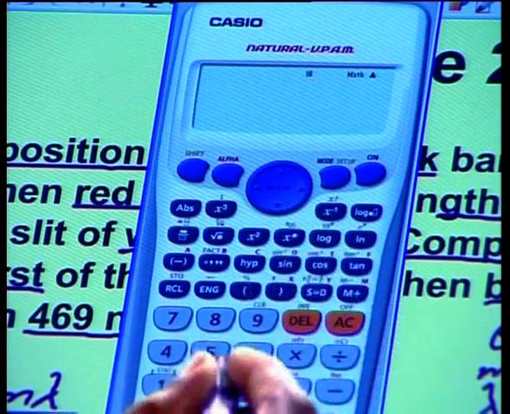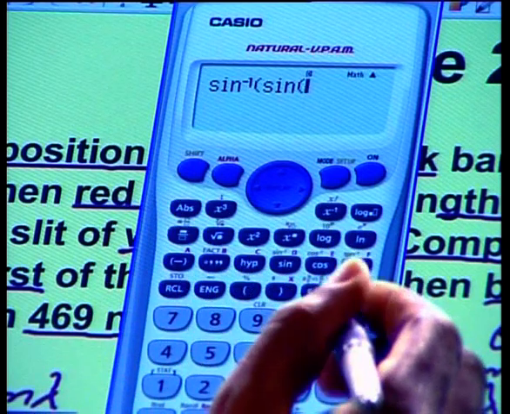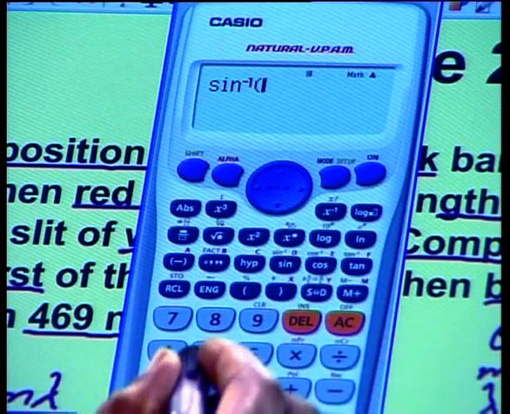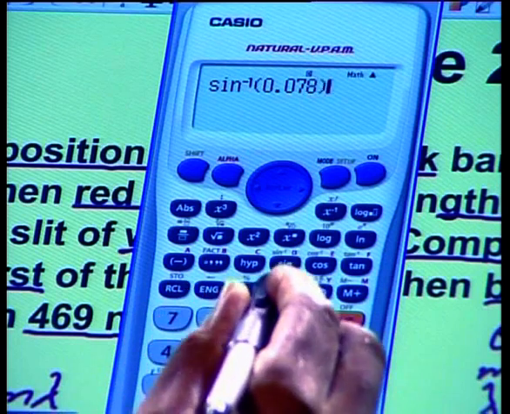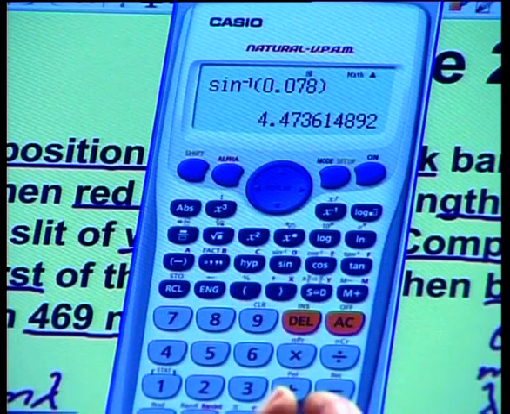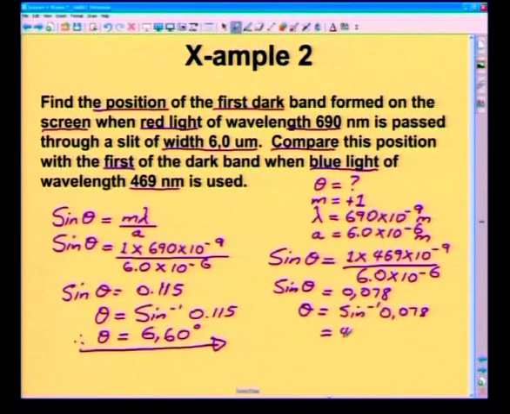So we'll just say shift, the second function, sine inverse of 0.078. And we find what the answer is. It says the angle is going to be 4.47. So theta will be 4.47 degrees.